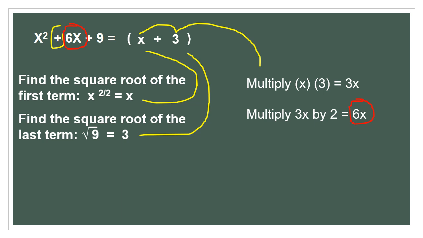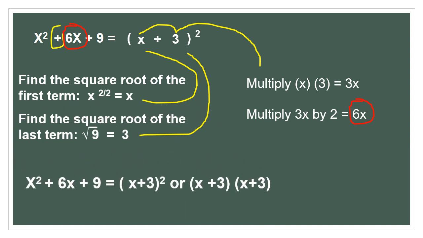So, ibig sabihin, nasa tamang factors na tayo. Okay, so ang gagawin na lang natin is, lagyan ng exponent na 2 yung ating sagot. So, ang factor of x squared plus 6x plus 9 is equal to quantity x plus 3 raised to the second power. Ayan. Pwede rin natin siyang isulat as quantity x plus 3 times quantity x plus 3.